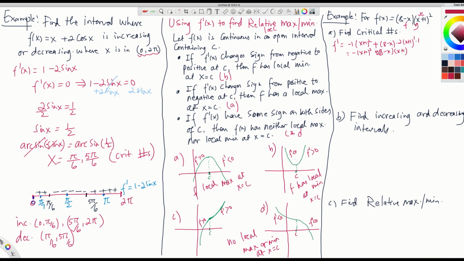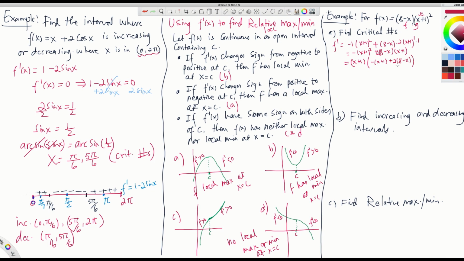Now you need to simplify that. If you simplify, what do you get? Can you factor out x plus 1 from both terms? Let me factor out that x plus 1. What is left is negative (x plus 1) and then plus 2(8 minus x).